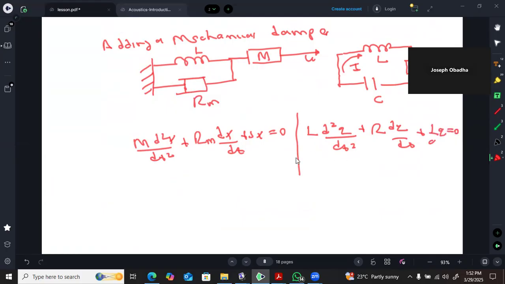We had derived this earlier, in the analogy above, where we have the charge. And you can see that the only variable that has come into play would be the Rm, which actually corresponds to the R.